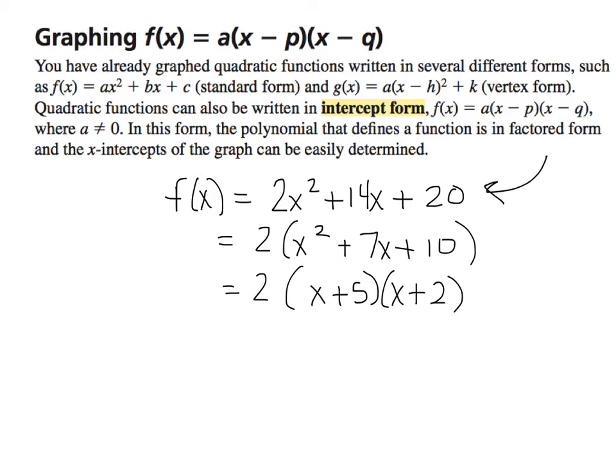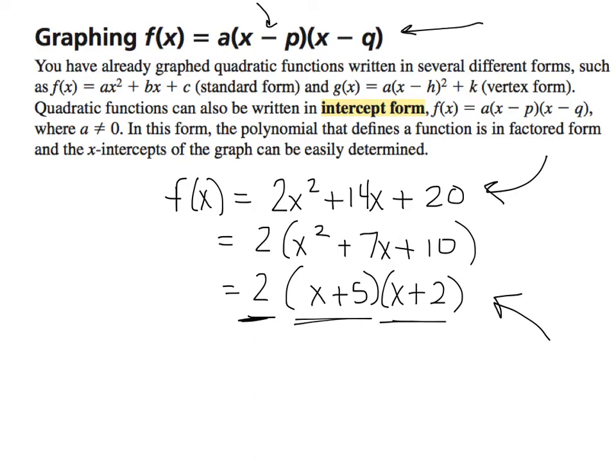The original, ax squared plus bx plus c, is standard form. This factored version is intercept form. So intercept form is when you factor out a GCF, and then you have two binomials.